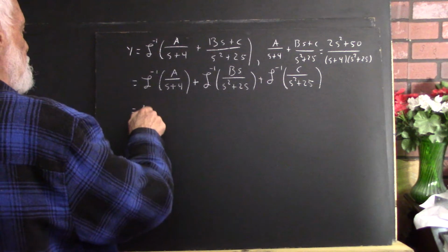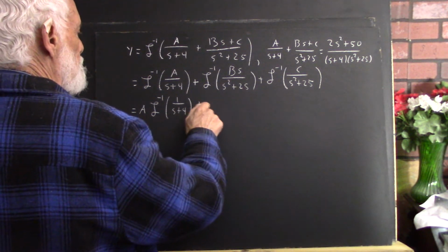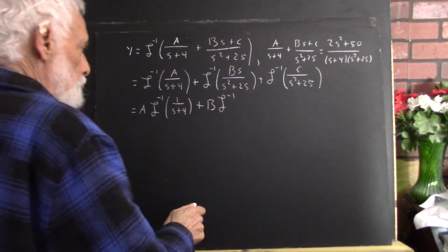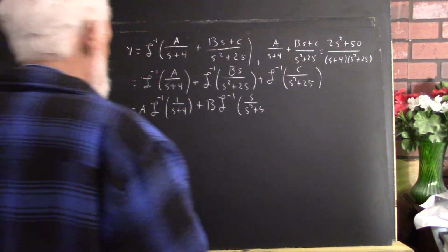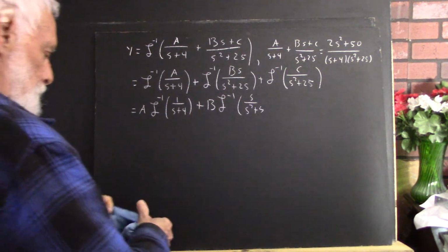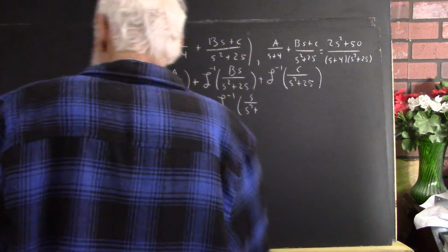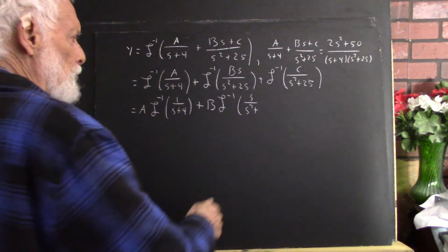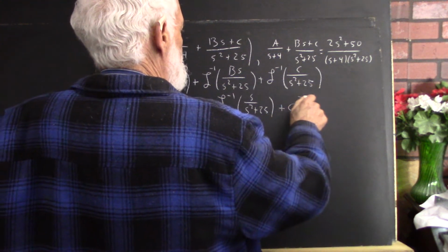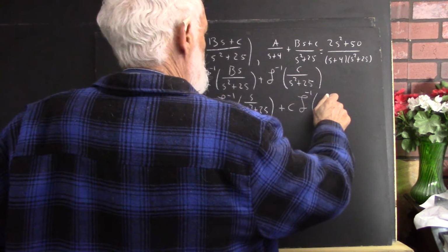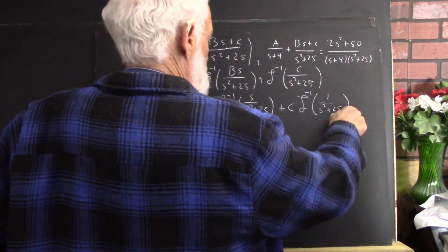Well, that's just equal to A times the inverse transform of 1 over s plus 4, plus B times the inverse transform of s over s squared plus 25, plus C times the inverse transform of 1 over s squared plus 25.